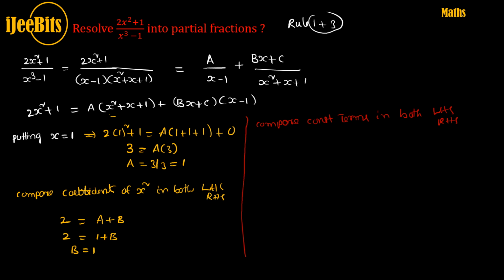Here the constant on the left is 1, equal to, on the right, A·1 = A, plus C·(−1), so minus C. But we know A is 1, so 1 = 1 − C. So what's the C value now? C would be 0.